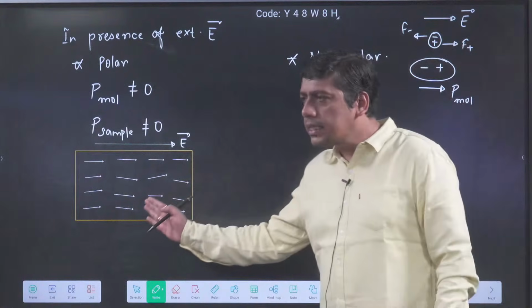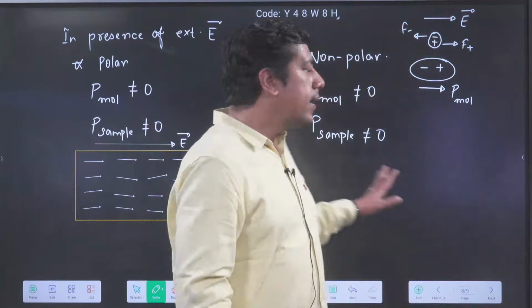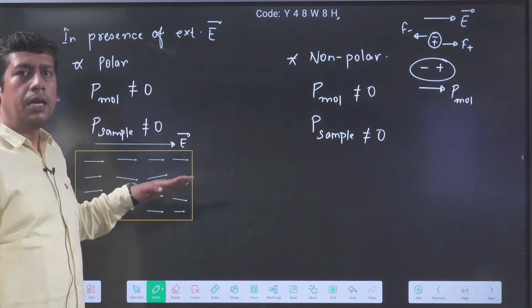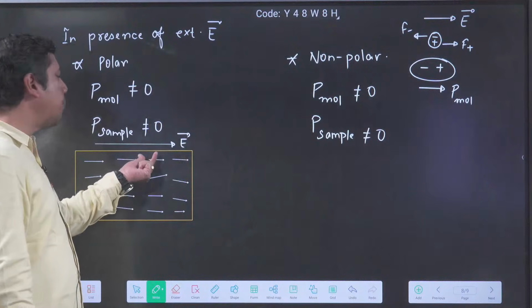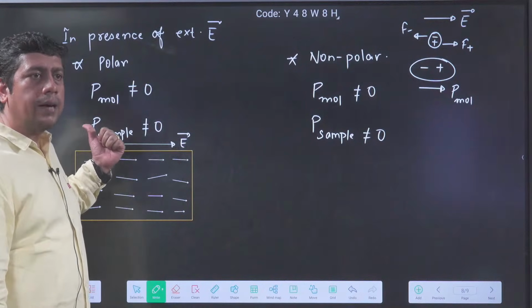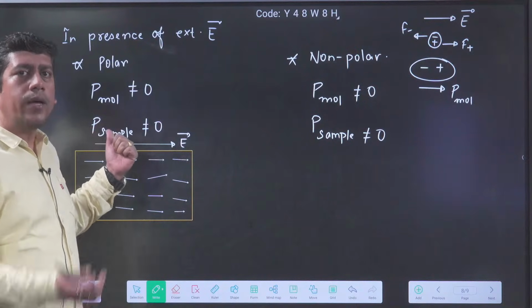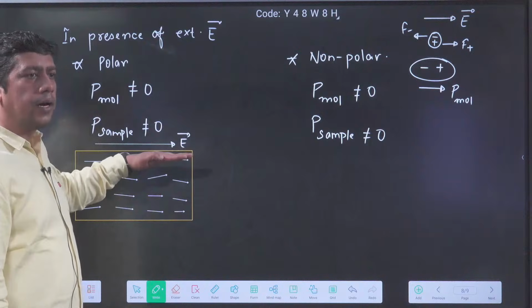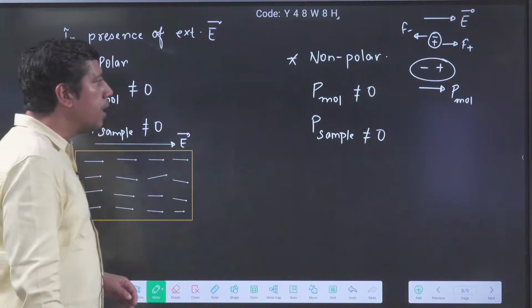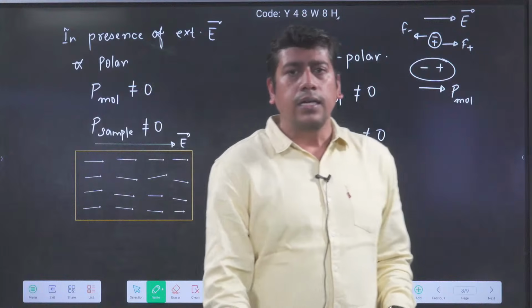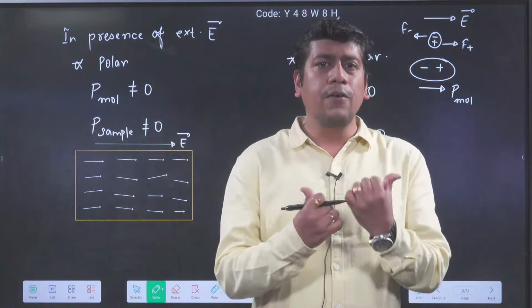The process is different, I agree. Here P sample is non-zero because of the alignment of the inbuilt dipole. There was already some inbuilt dipole, and that was randomly oriented earlier in the absence of the electric field, but now in the presence of the electric field, they will be aligned in the direction of the electric field due to the torque, okay?